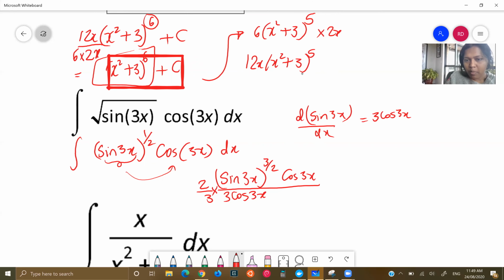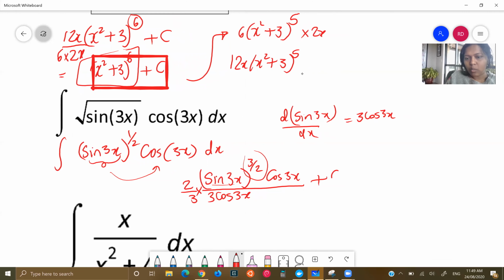So I divide by the new power as well as the derivative of what's inside the bracket. And then we've got the plus c. So what happens here is the cos 3x will get cancelled out, and I am going to be left with 2 over 9, because the 3's multiply, (sine 3x) to the power of 3 over 2 plus c.